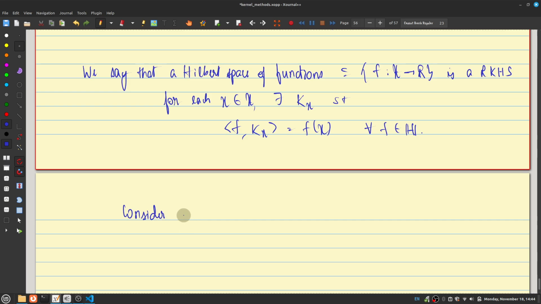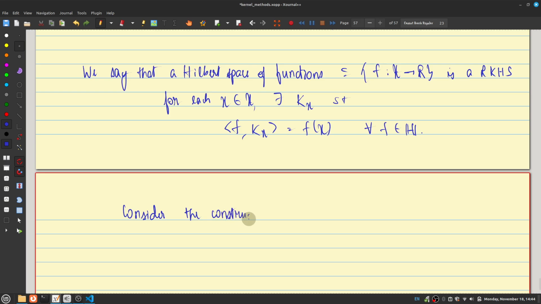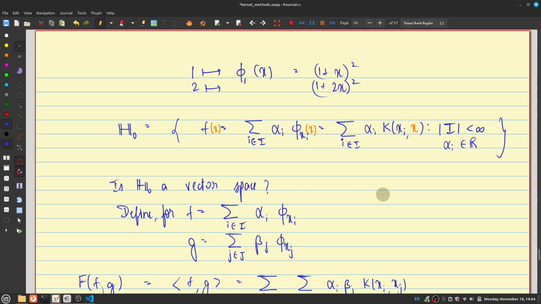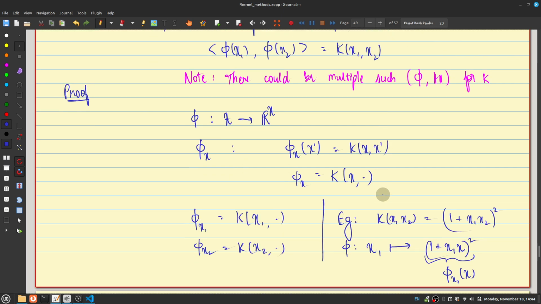So if we go back to the construction in the theorem, let's quickly recall what we did. Effectively, we were originally given just the domain and a kernel over this domain, and we defined functions phi_x as k of x comma, with the second argument being free.